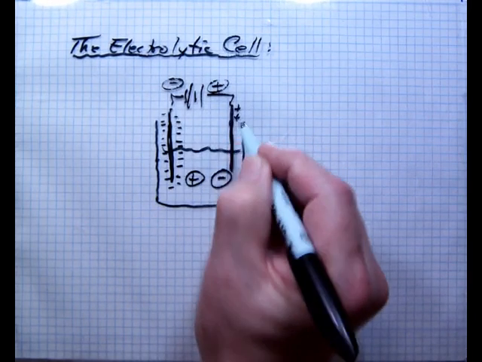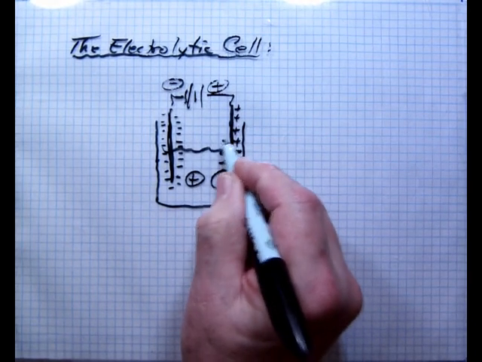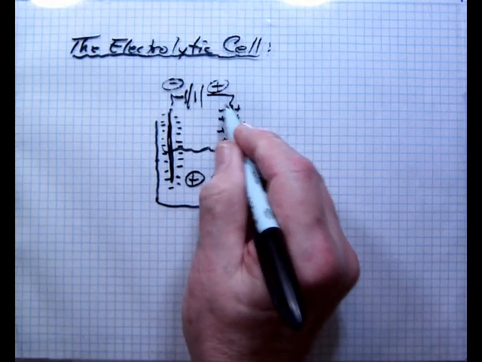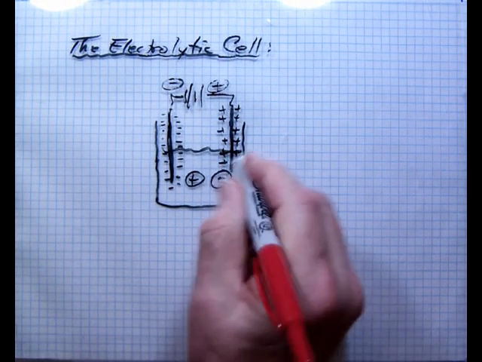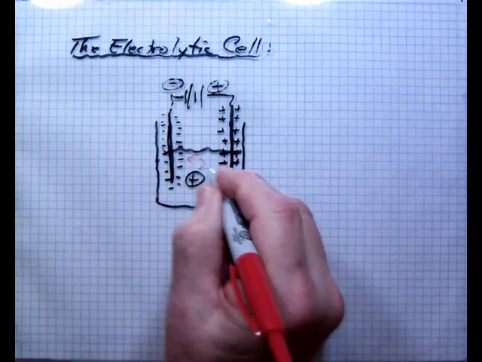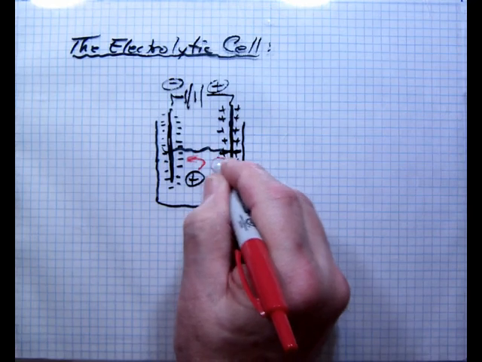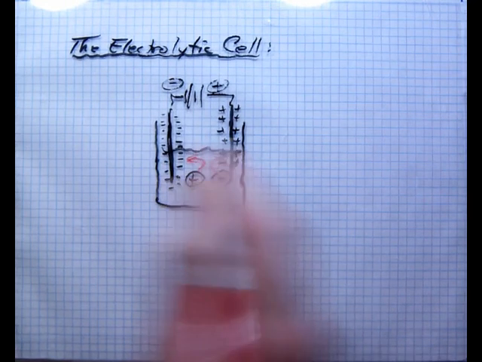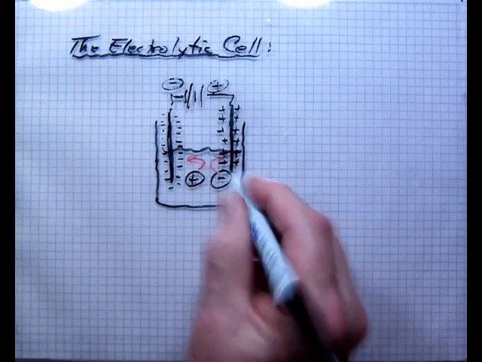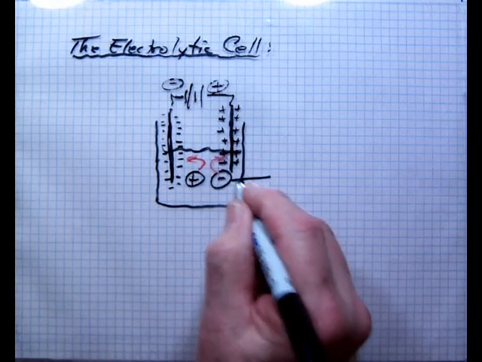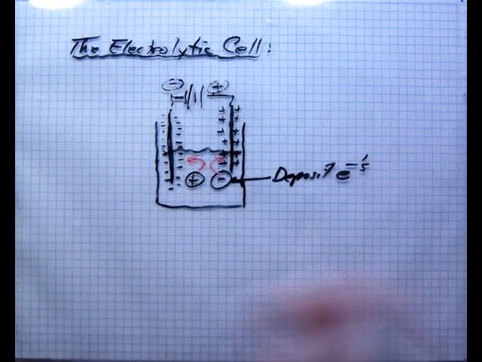Of course, this one will become positive and will attract the negative ions to it. Positive ions will migrate to the negative side, and the negative ions will, of course, migrate to the positive side. And when these go over, what they do is deposit electrons.